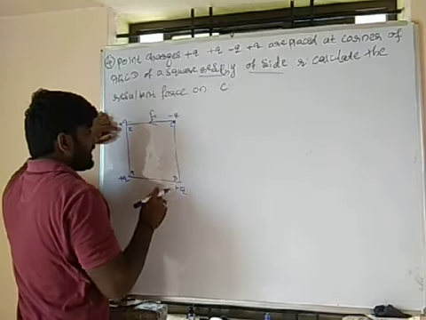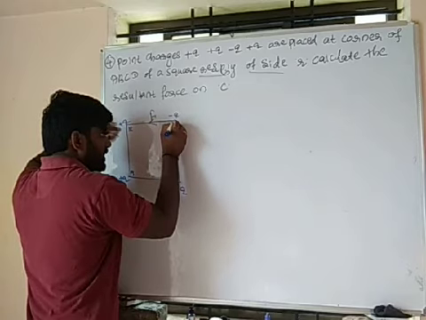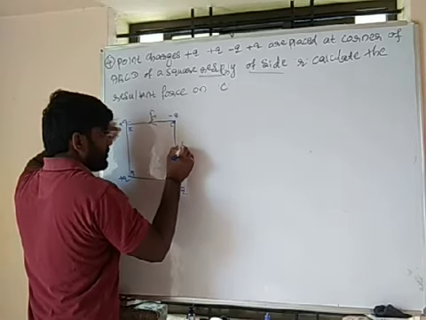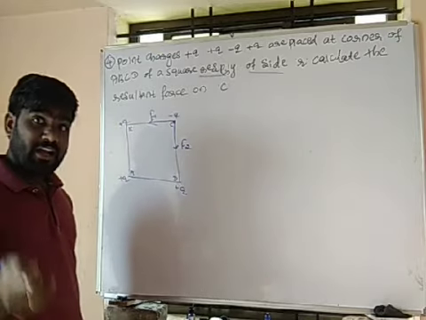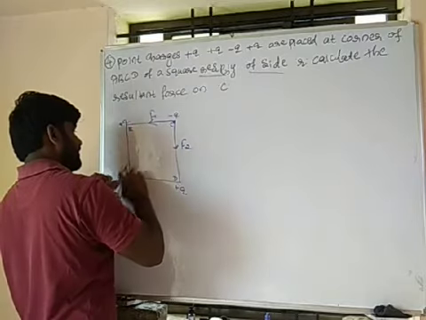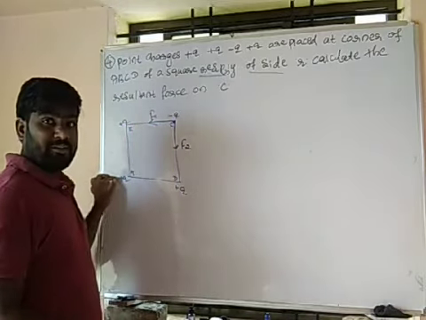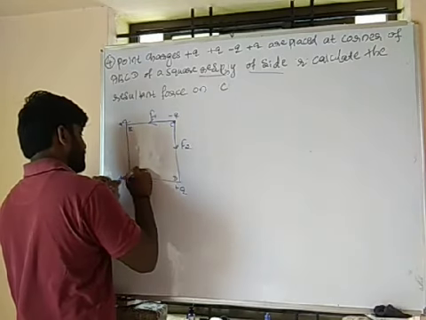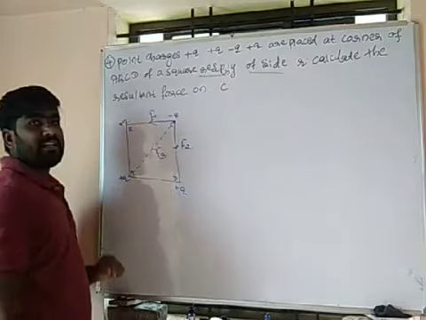Then again from these two, F2 will be along this direction, is it not? And one more force is there. What is that force? According to these point charges, again there will be a force. So this F3 will be along this direction.